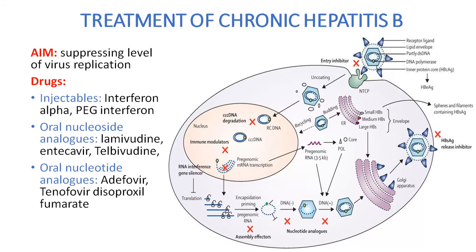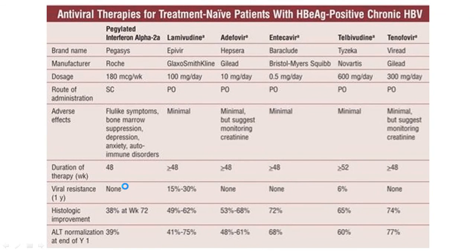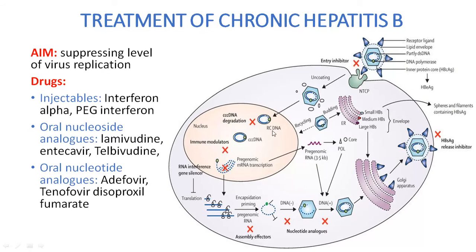So how do you treat chronic hepatitis B? The main aim is to lower the virus replication, which happens by reverse transcription. So you give interferons, such as PEG interferons, oral nucleoside analogs like lamivudine, entecavir, telbivudine, and oral nucleotide analogs like adefovir and tenofovir. You always have to target the replication site.